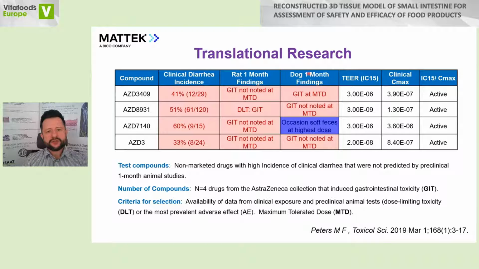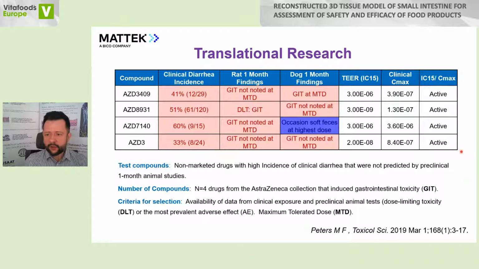These drugs were tested on rats and dogs, or in vivo models, and as you can see, there were no or only very mild adverse effects in terms of the gastrointestinal tract, but in the initial clinical setting, they were causing diarrhea in quite a high proportion of the tested subjects.